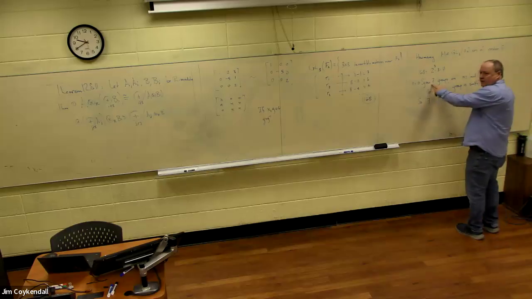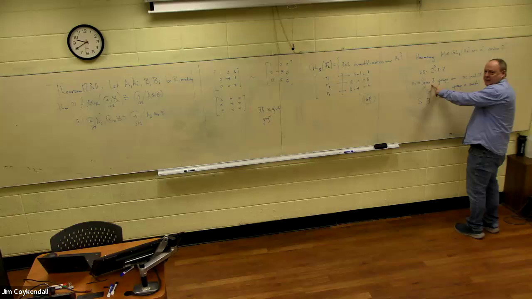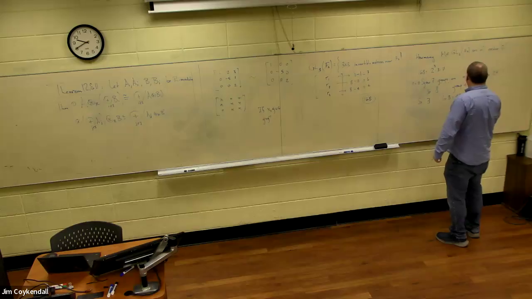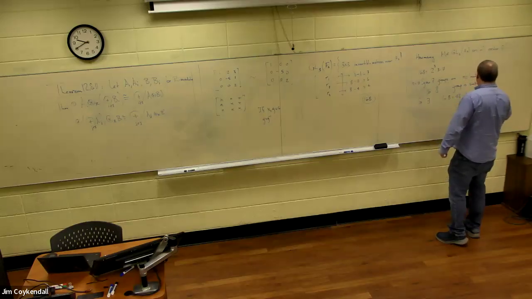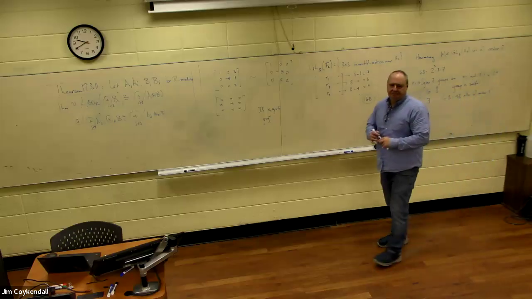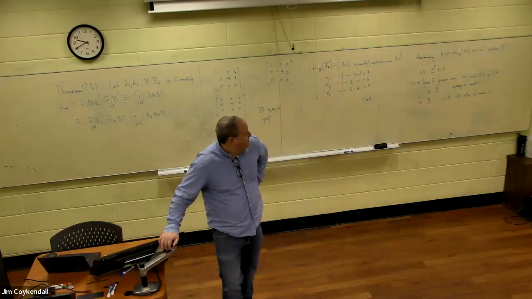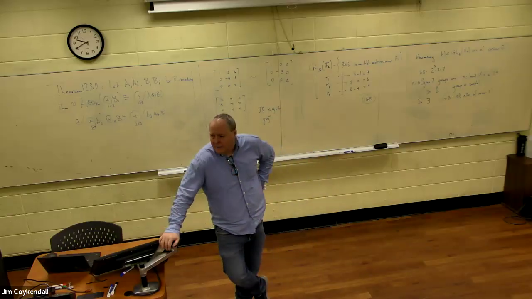So each Sylow 7 group has 7 elements, but one of them's the identity, so you can chuck it. So each Sylow 7 group has 6 elements of order 7, and there's 8 of them. There's 6 times 8, which is 48 elements of order 7. That's a lot, right? There's 48 of them. I don't want to pick through 48 freaking matrices.